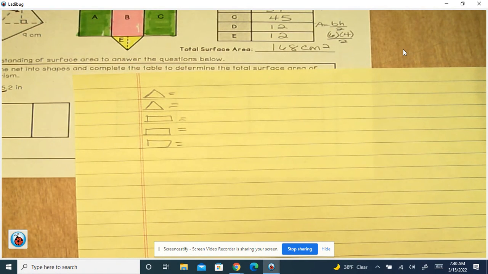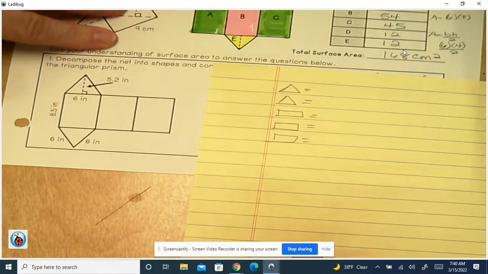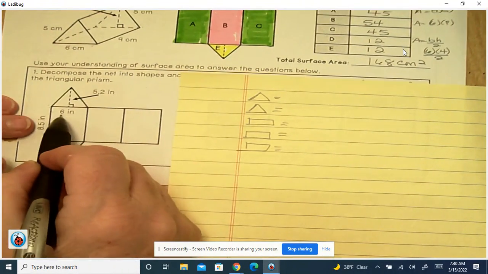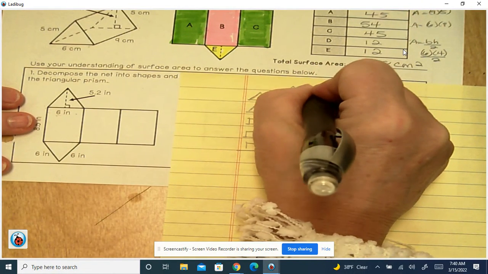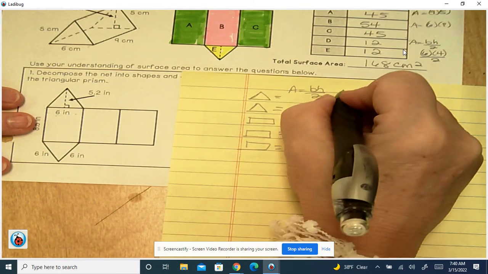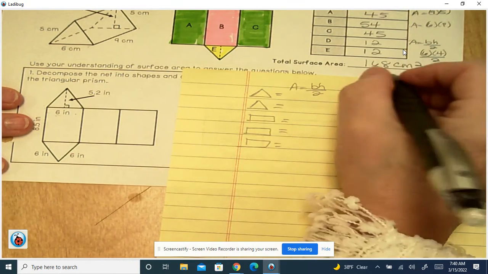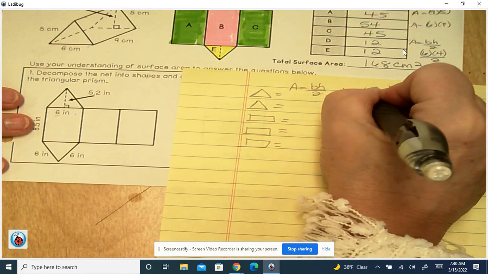Okay. So if we look at this figure right here, let me move it over so you can see it. If we look at this figure right here, we've got a base of a triangle, which is 6. So the area equals the base times height divided by 2. So the base is 6, and the height is 5.2. And then we're going to divide that by 2.